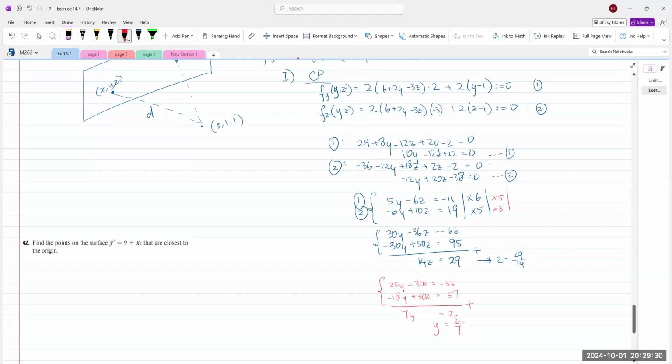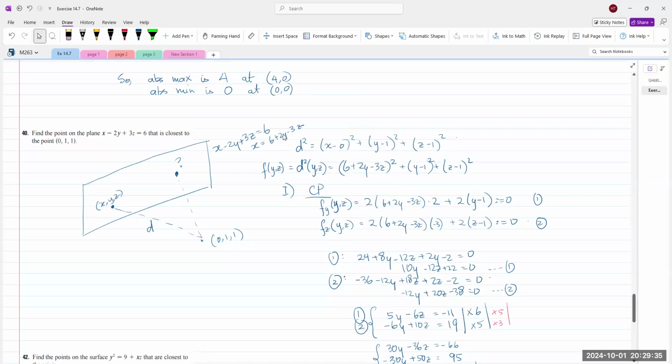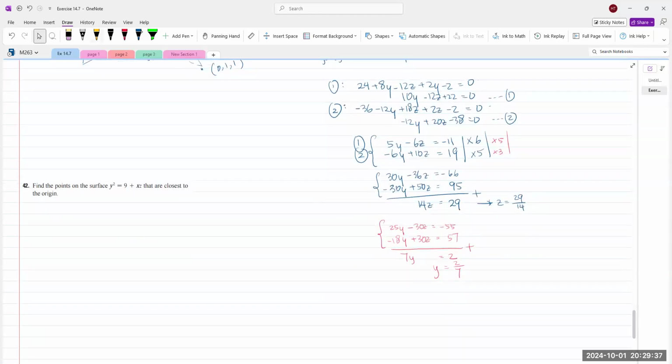Using those two, I plug into the plane to get the x.